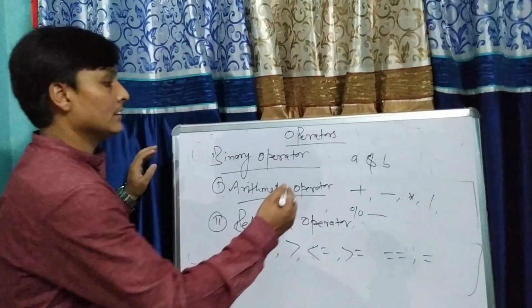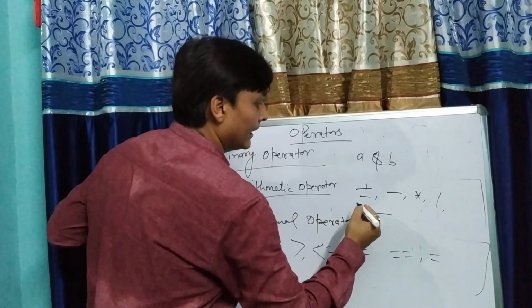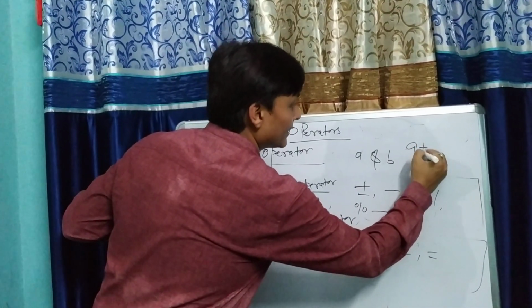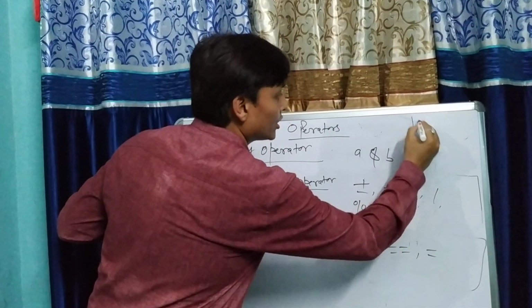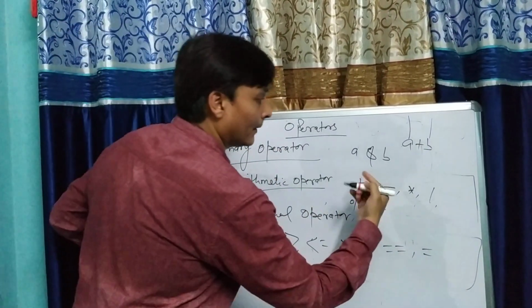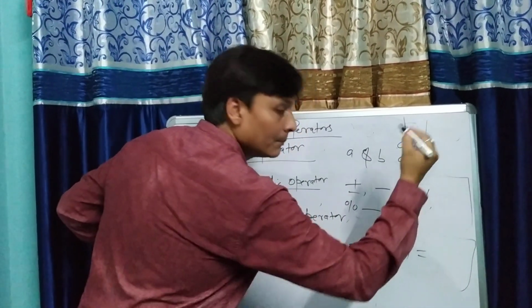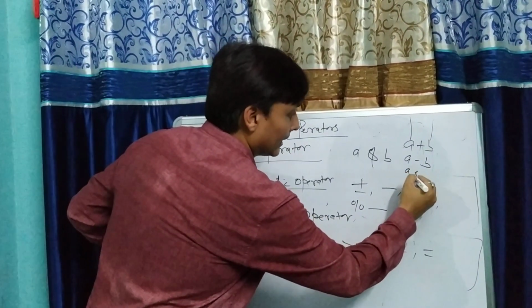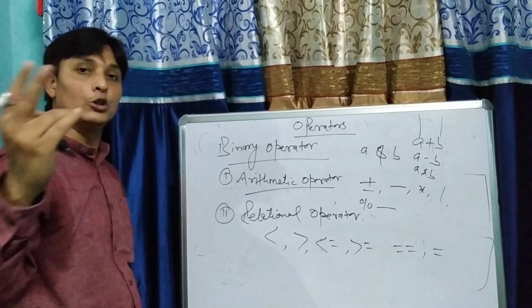If you have to perform a plus b, then you must have 2 operands, a and b. So here a is your first operand and b is your second operand. If you have to perform minus, then you must have a minus b. a into b, at least we require 2 operands.